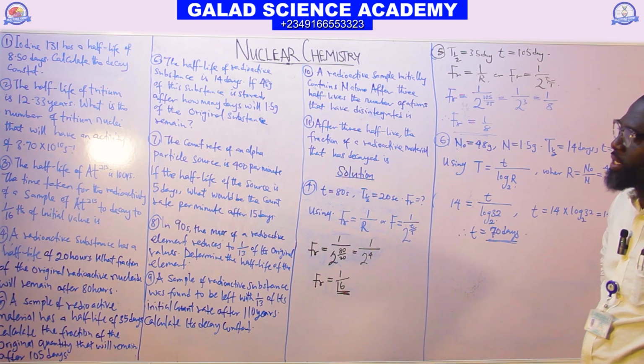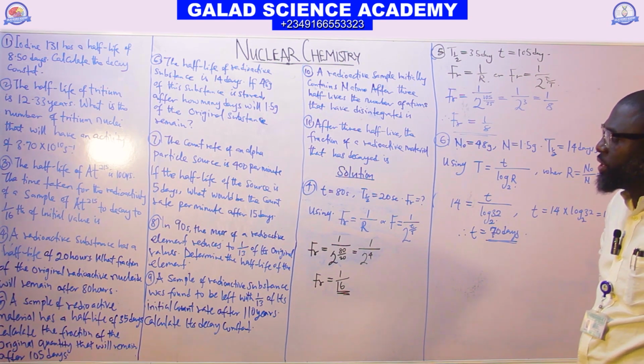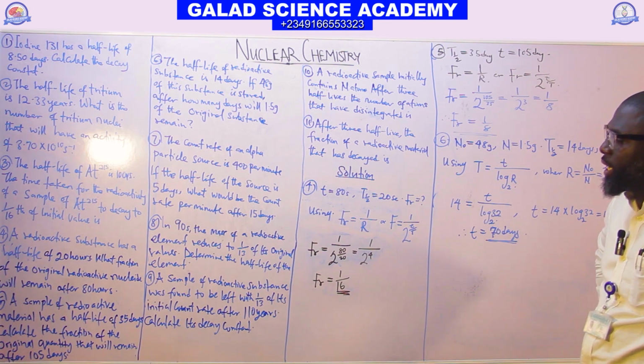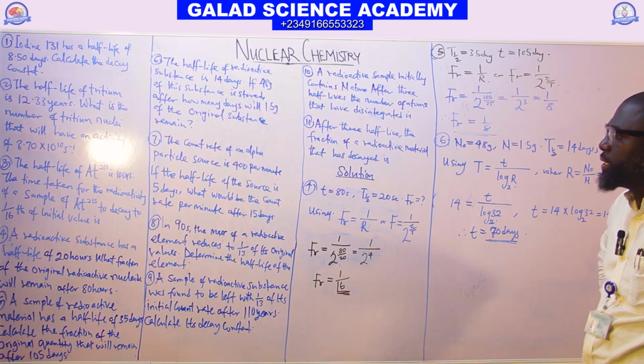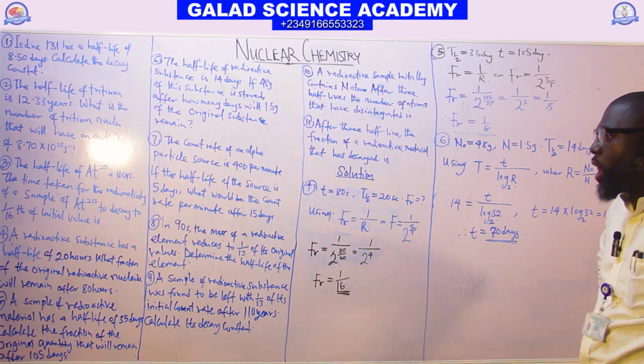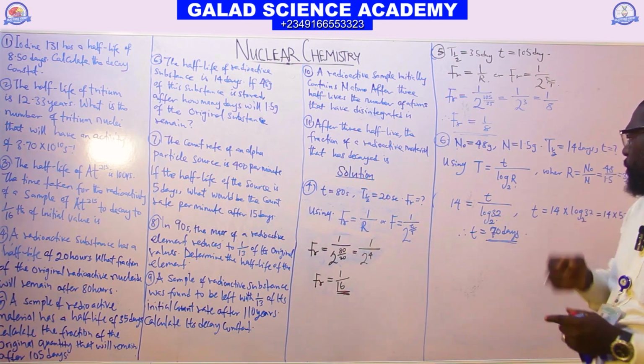Count rate per minute after 15 days. We are given small t should be 15, the half-life should be 5. We use this 2 to the power to find the N, and we can use the N to find the count rate. Okay, good.